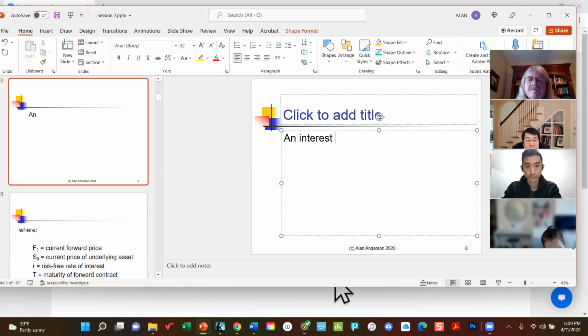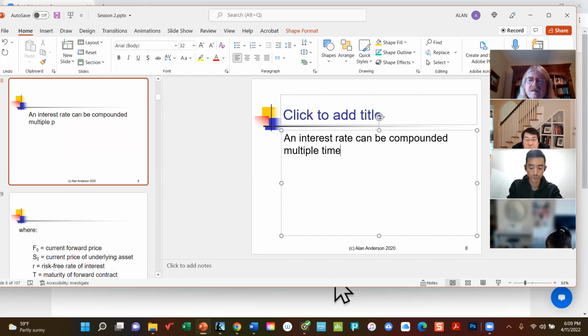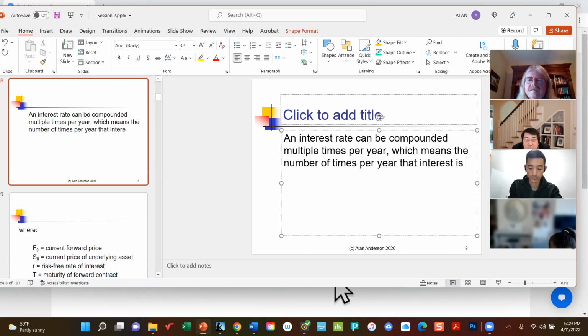An interest rate can be compounded multiple times per year, which means the number of times per year that interest is paid.